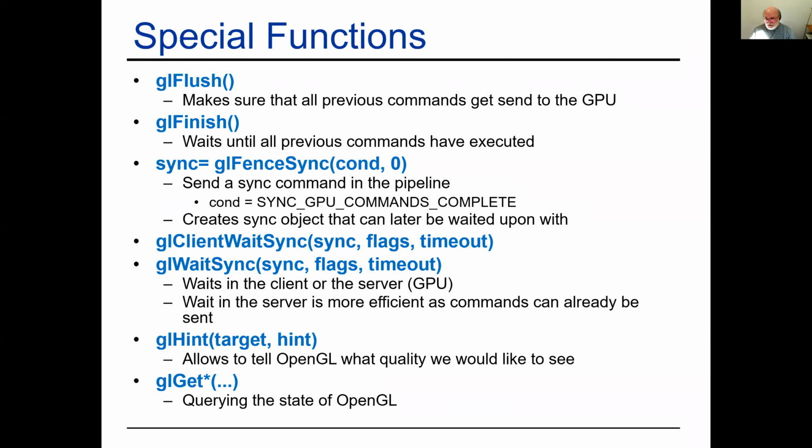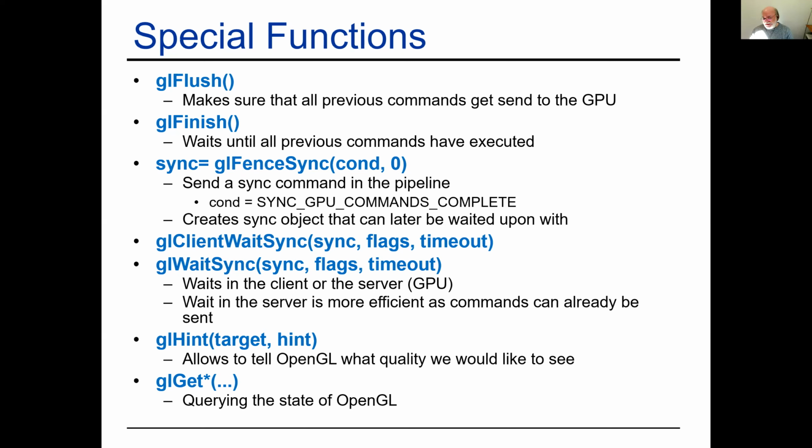glFinish essentially does an implicit sync between the application and the GPU, so that the application now knows that whatever it's done so far actually has been executed. You can also do this asynchronously. glFinish is a synchronous call because it waits until everything has finished, and only then returns. There is a different way of doing something similar, which is asynchronous.